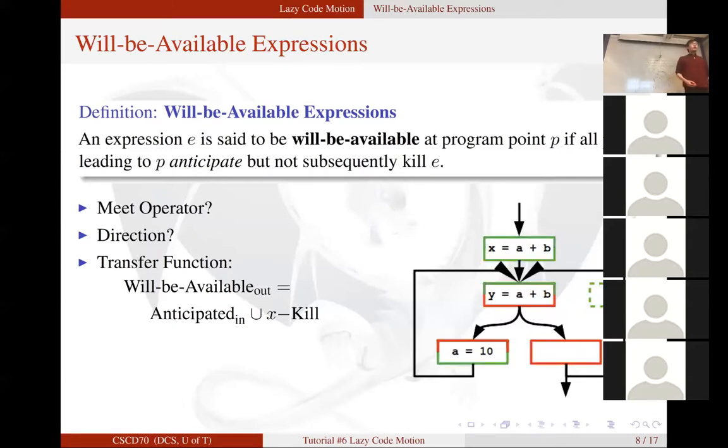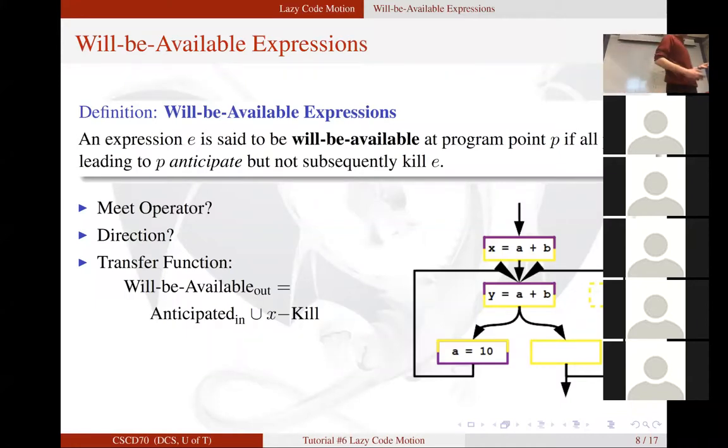Now let us take a look at the right program path once again. We observe that although there is an anticipation frontier for a plus b on the right program path, that anticipation frontier is filtered out if we perform will-be-available expression analysis. The reason is that the expression a plus b is not subsequently killed on the right program path.